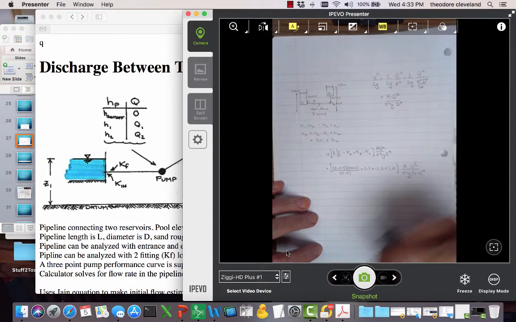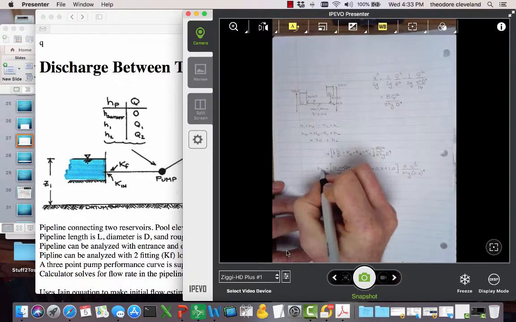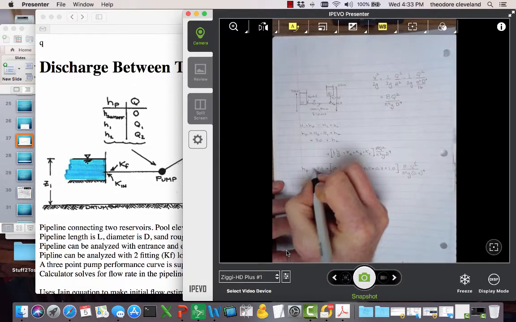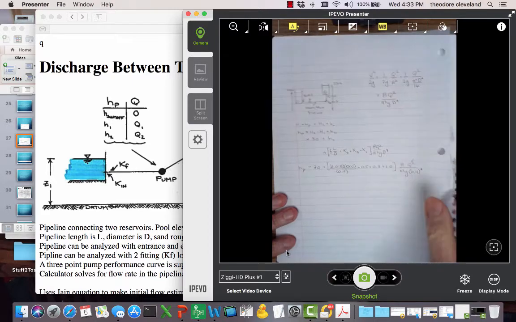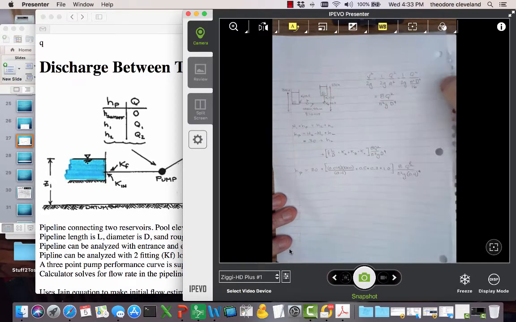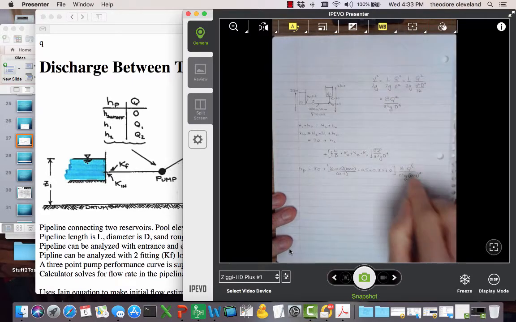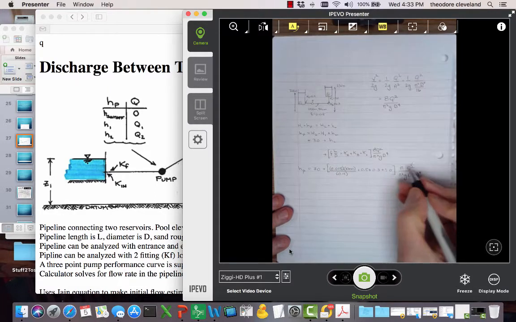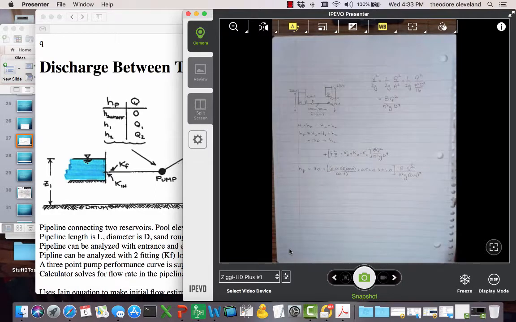Q is going to remain unknown. We have a 30 here, and that's our required head that we have to add to make the system operate at a desired flow rate. If the flow rate is 0, all we have to do is magically add 30 meters of head.